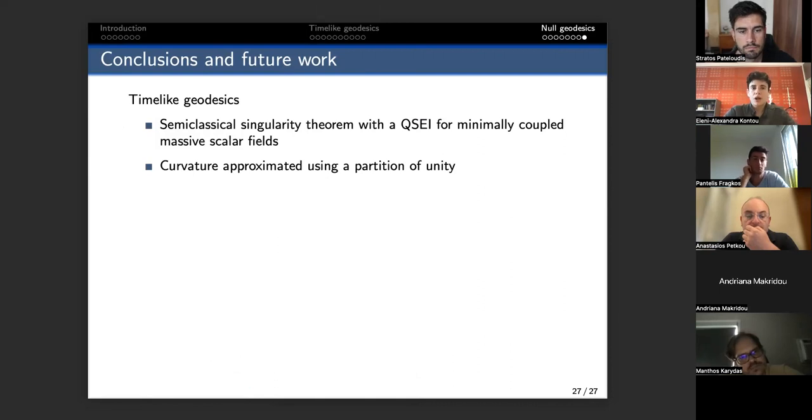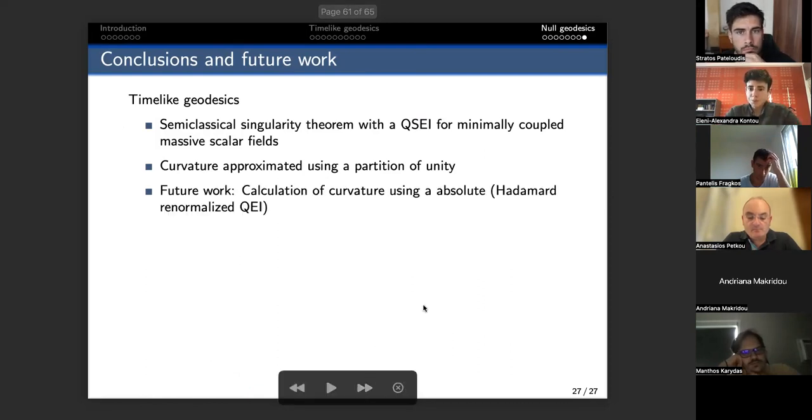These are some conclusions. For the time-like geodesics, we have a semiclassical singularity theorem for the minimally coupled massive scalar. We approximated the curvature using the partition of unity.